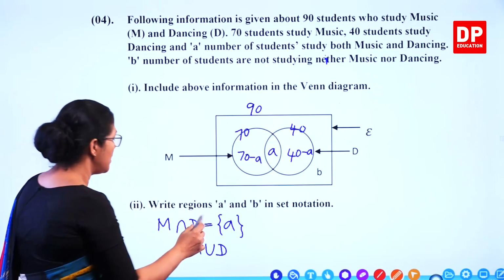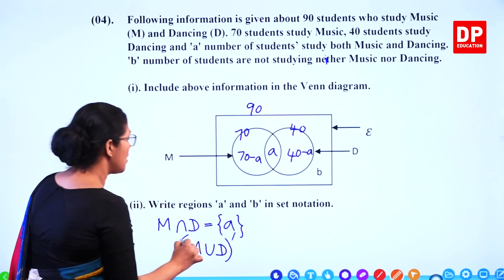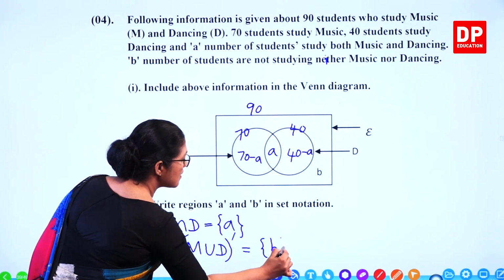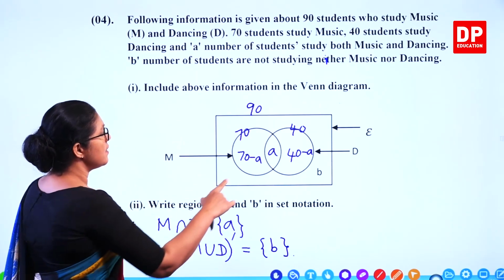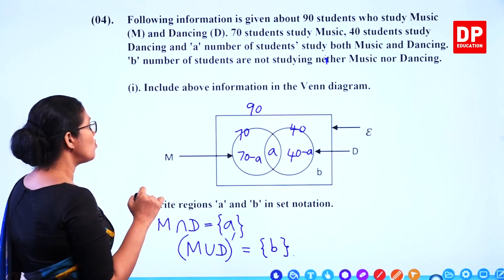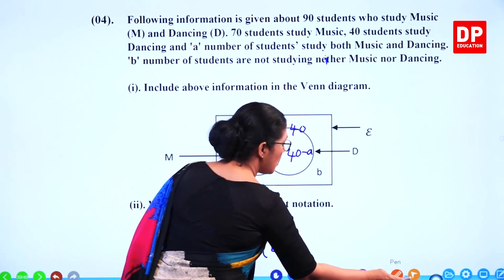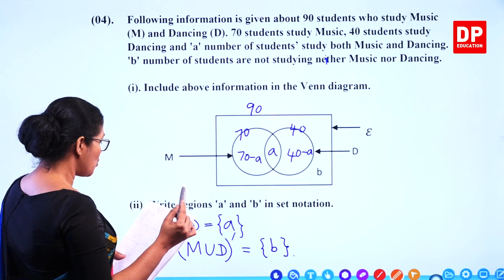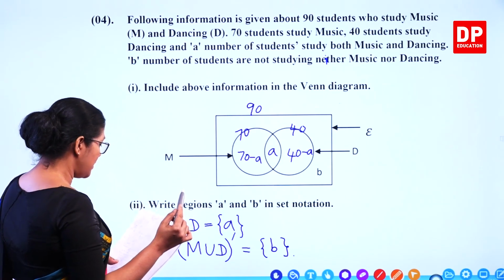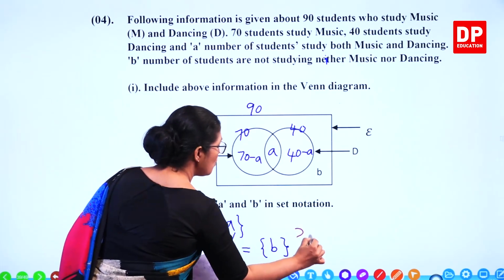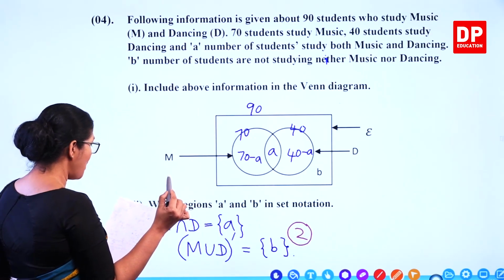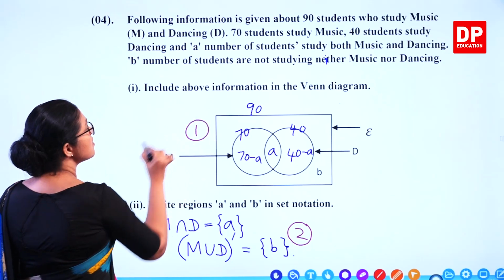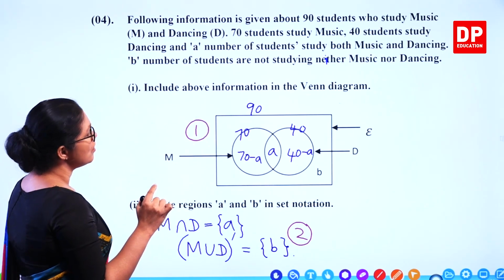Outside becomes dash, complement. That's B, included there. So those are the two sets. Now let's see how many marks for that. You get 2 marks for writing down these 2 and you get 1 mark for identifying just the region. So writing down all information, just 1 mark.